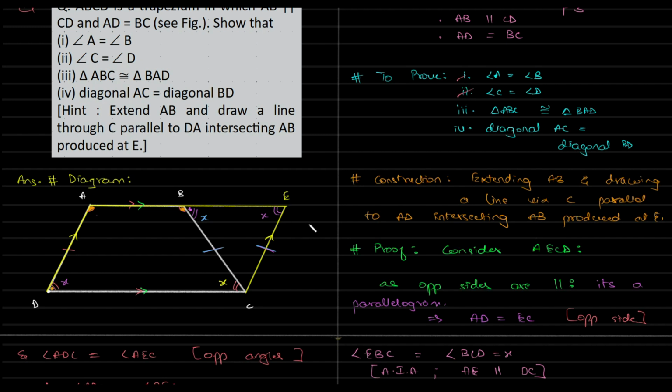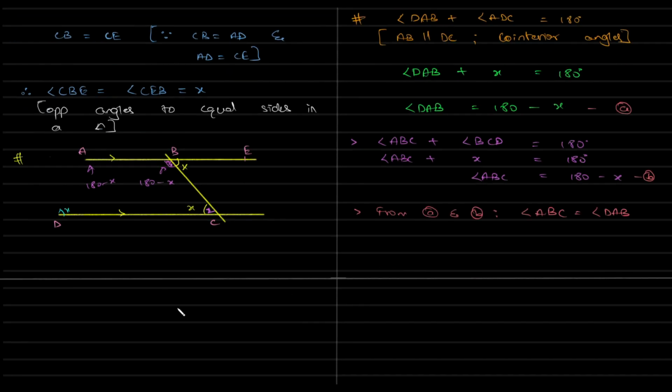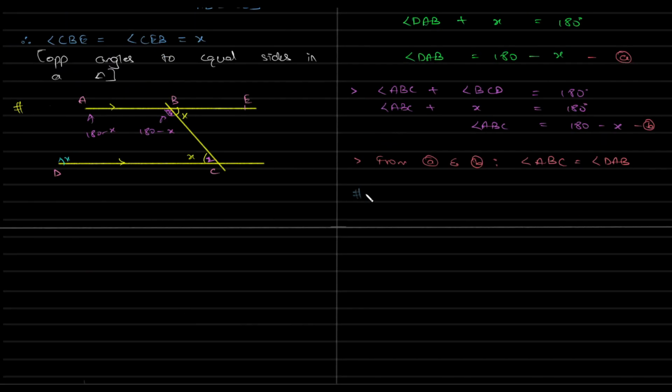Okay, we have proved that many things. And next thing is we have to prove triangle ABC is congruent to BAD. Okay, so clearly they are congruent, same base, two angles are equal and these two sides are equal. So consider triangle ABC and triangle BAD.